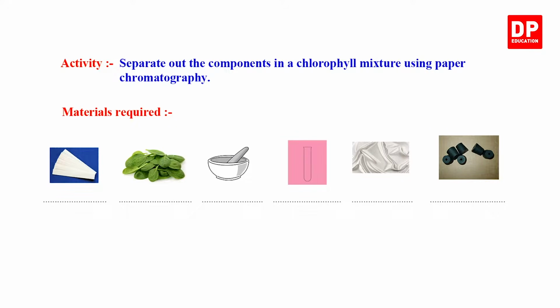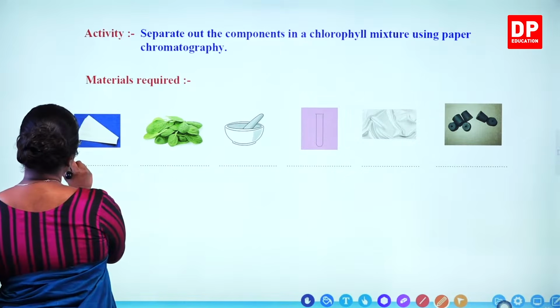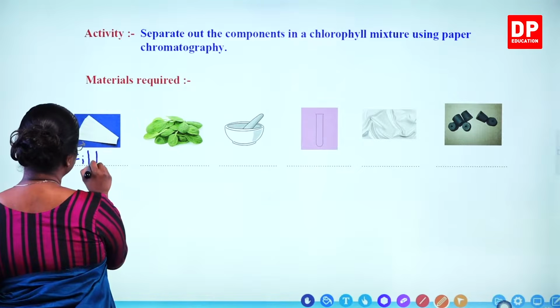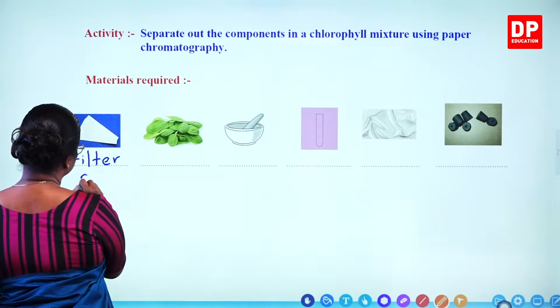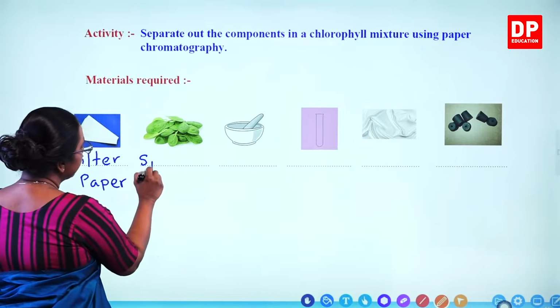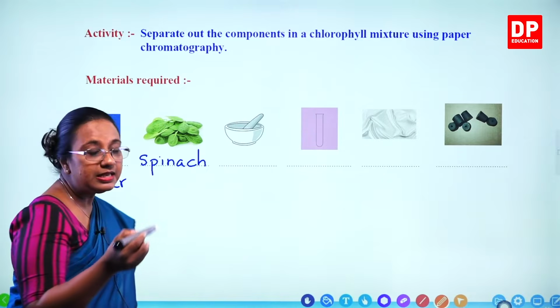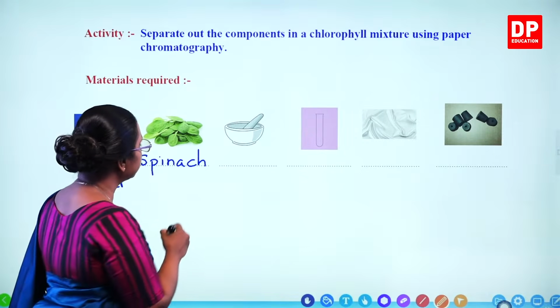Activity. Separate out the components in a chlorophyll mixture using paper chromatography. So, here the materials required, we will use filter paper. We have the spinach leaf, or any other leaf can be used for this purpose.